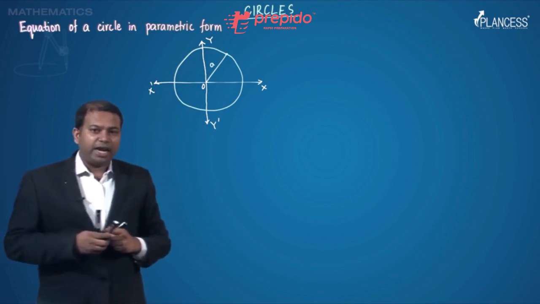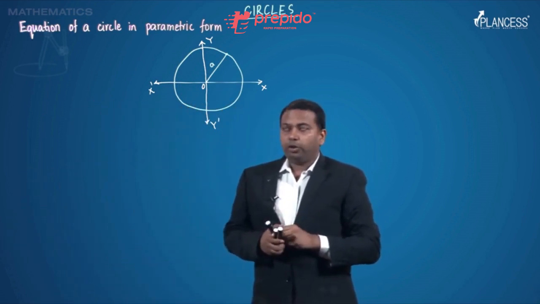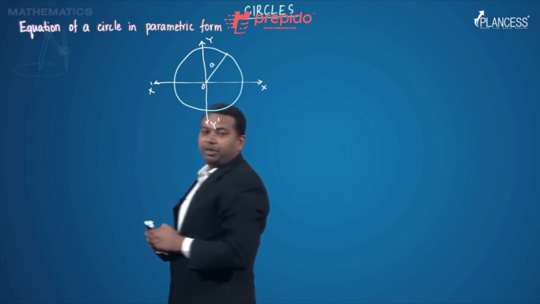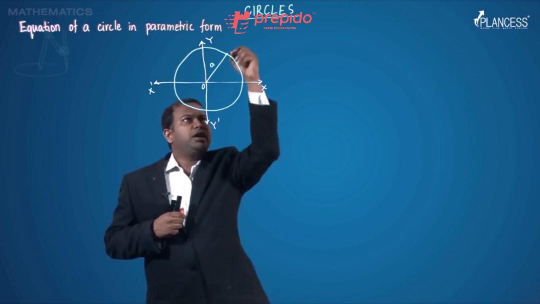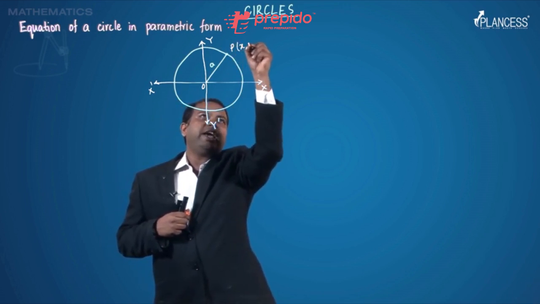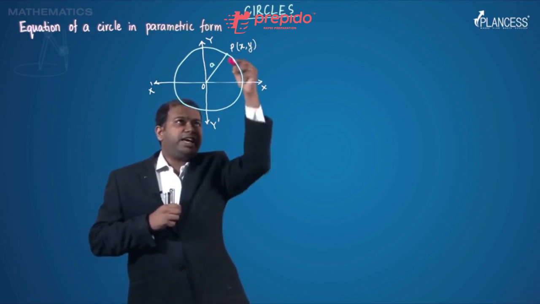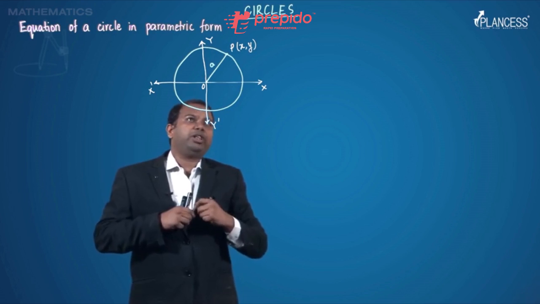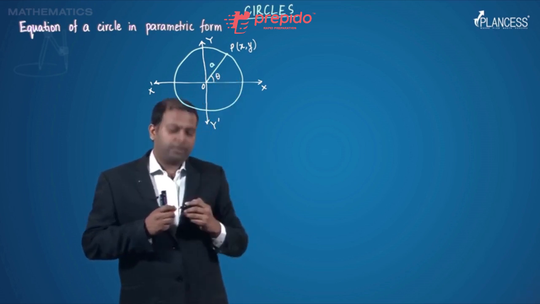In order to write the equation of the circle in parametric form, we introduce a parameter, which is an angle in this case. Consider a point P which has coordinates x, y. Let us say the angle between the x axis and OP is equal to theta.